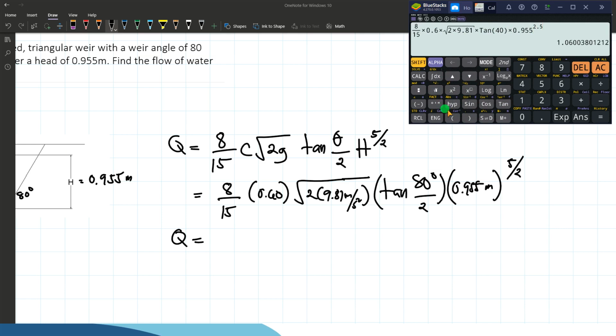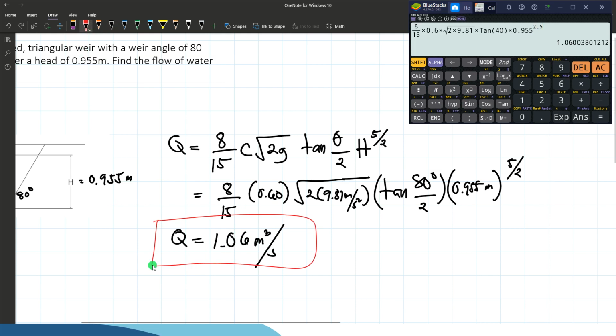So the answer is 1.06038 or 1.06 cubic meters per second. Okay, that's the answer.